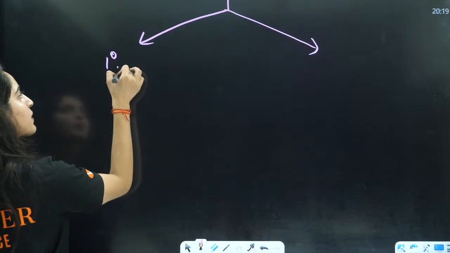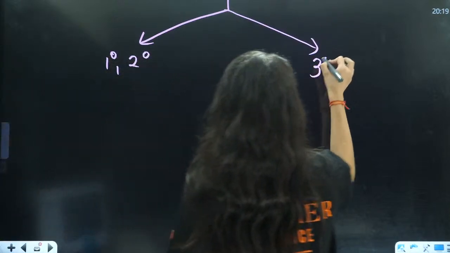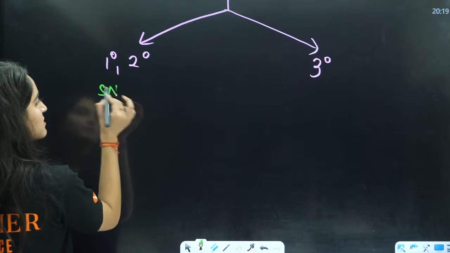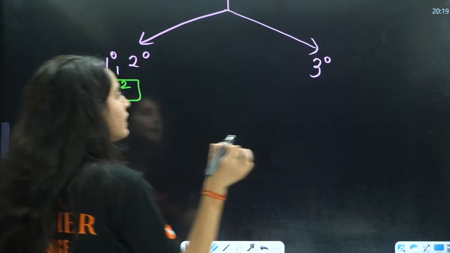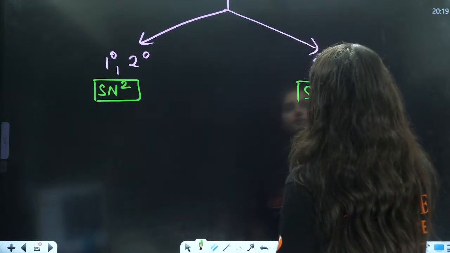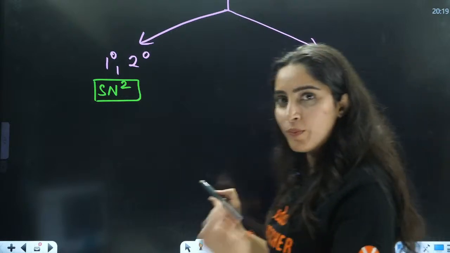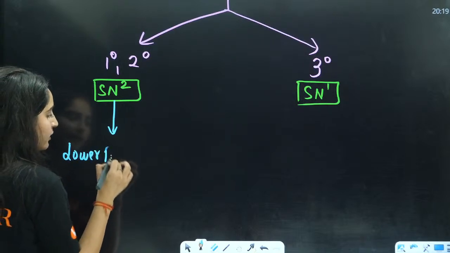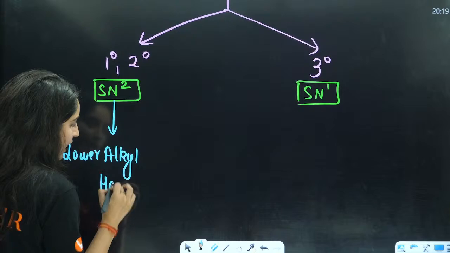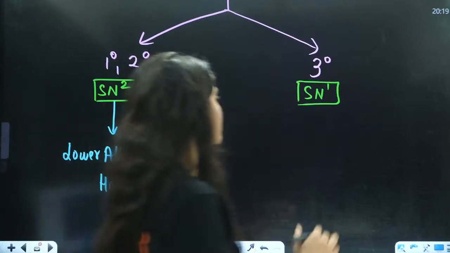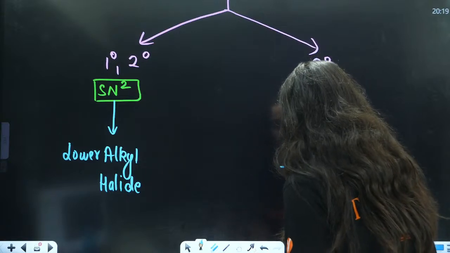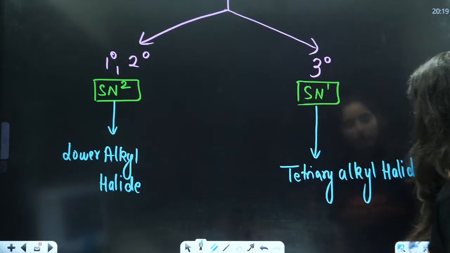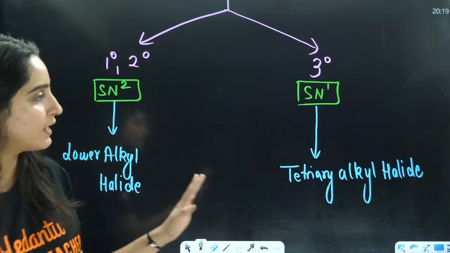If the alkyl halide is primary or secondary, we know that it will take part via the SN2 mechanism, and the lower alkyl halide will be formed. If it is tertiary, it will take part via the SN1 mechanism, and the tertiary alkyl halide will be formed.